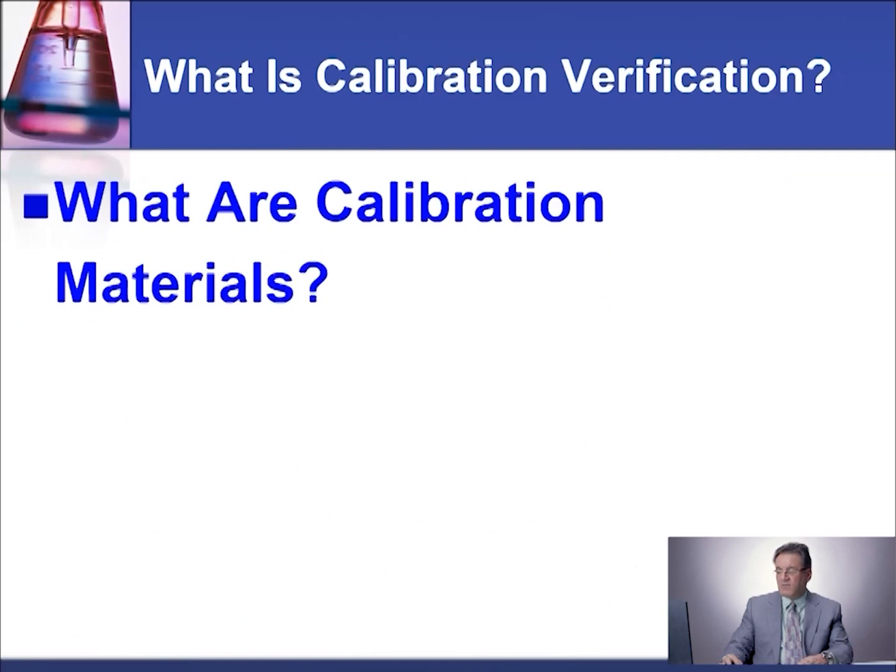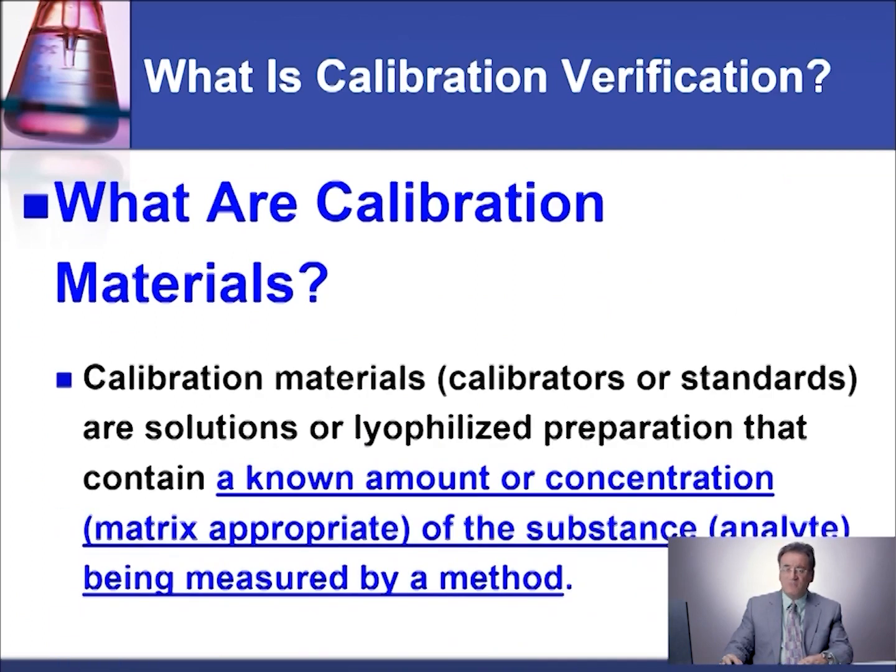What are calibration materials? Calibration materials could be called standards or calibrators. They are solutions or lyophilized preparations that contain a known amount. That's a key word, a known amount, or concentration of the substance or the analyte being measured by a method.